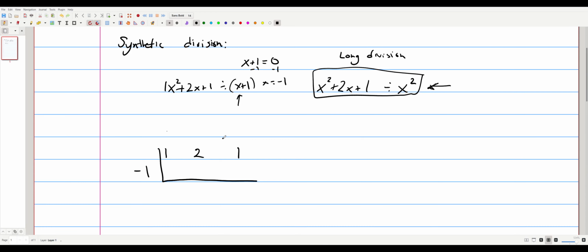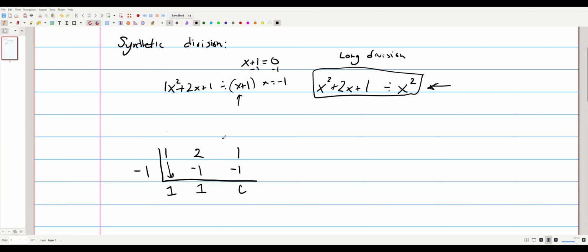And all you have to do is the first term, you just bring all the way down. Okay? And then once you have this term down here, you just multiply it by whatever the term out here is. So -1 times 1 is -1. 2 plus -1 is 1. 1 times -1 is -1.